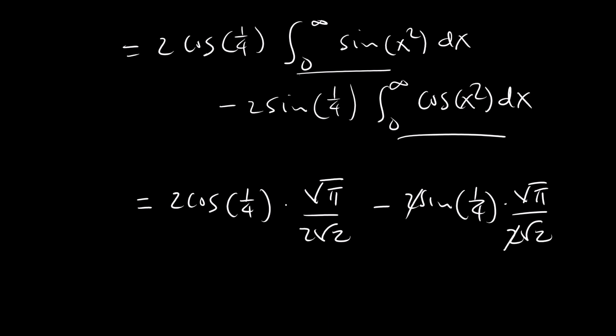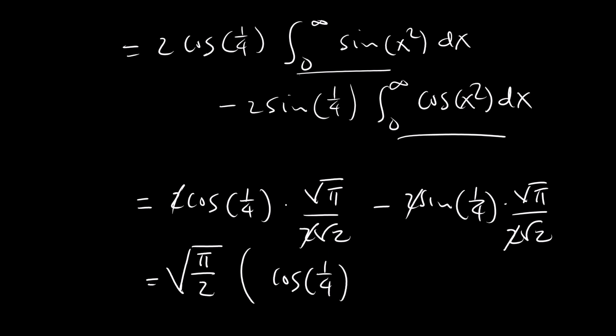So that and that cancel. In other words, we have root pi over 2 times cosine of a quarter minus sine of a quarter.